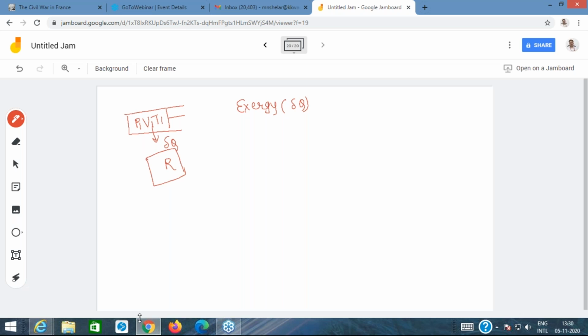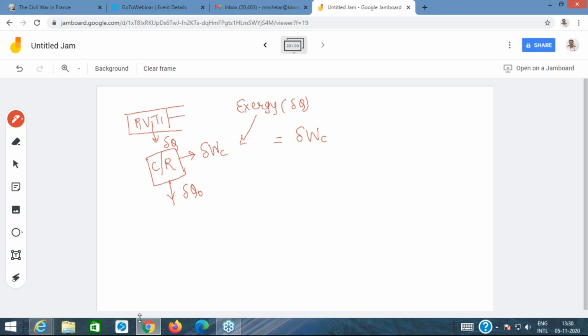The work which the Carnot engine gives is the exergy of this. And what is this equal to? Del WC. This is the exergy of the heat transfer del Q.